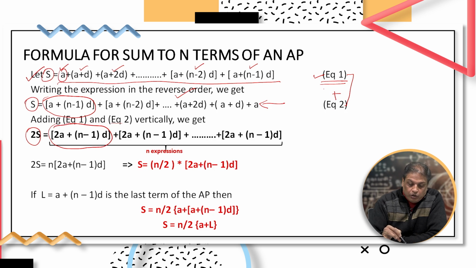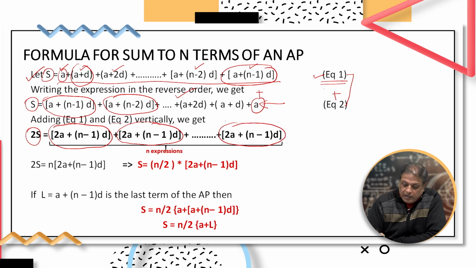Similarly, by adding a plus d and a plus (n minus 2)d, again it turns out to be 2a plus (n minus 1)d. So, by point-wise adding each and every value, say the last term a plus (n minus 1)d plus a, their sum will turn out to be 2a plus (n minus 1)d.